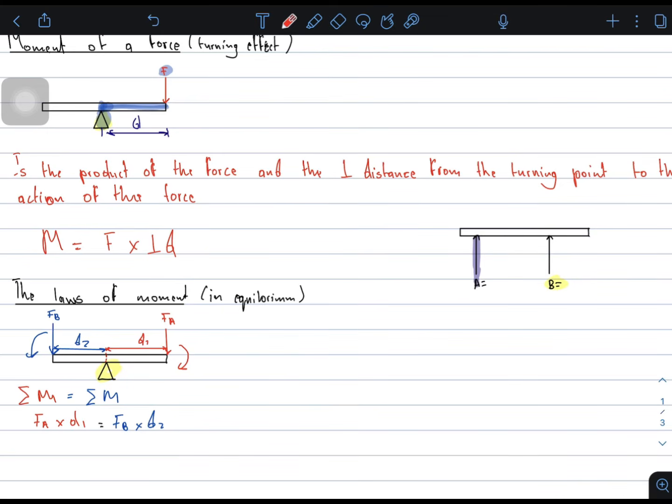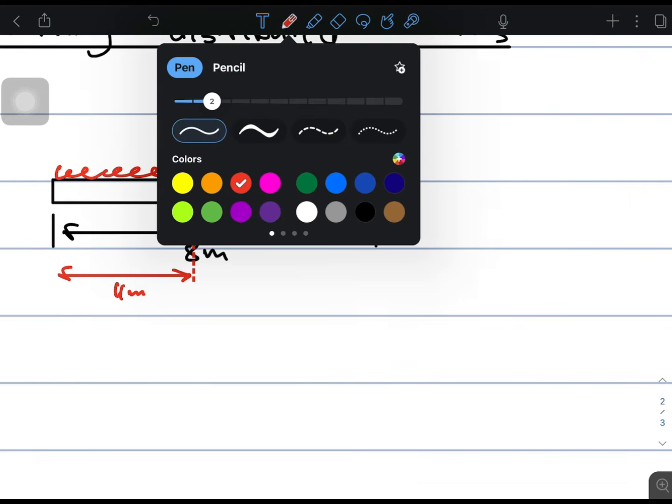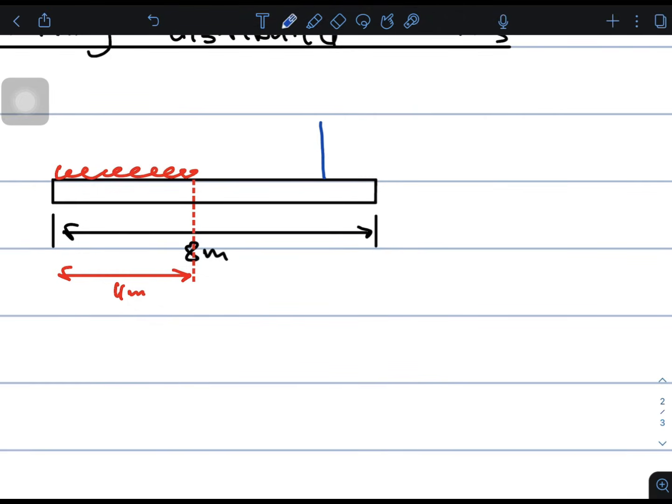It does not have an effect at any other point along the beam. Its effect is only at that point.